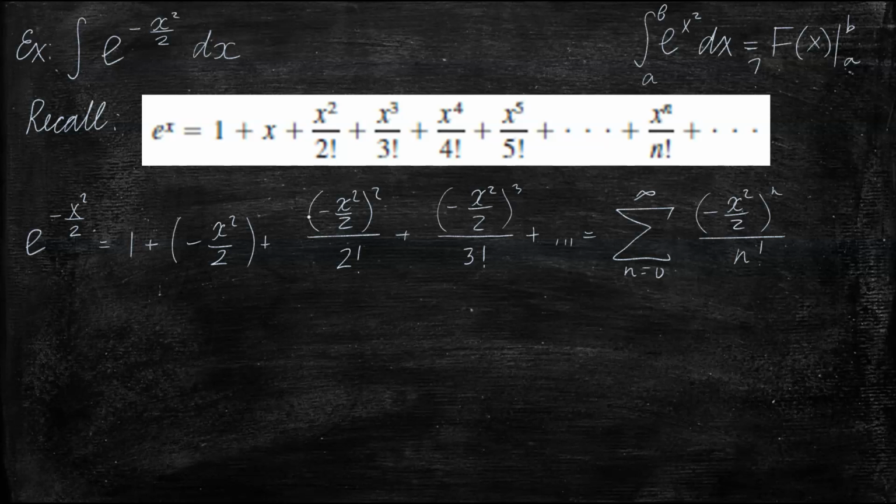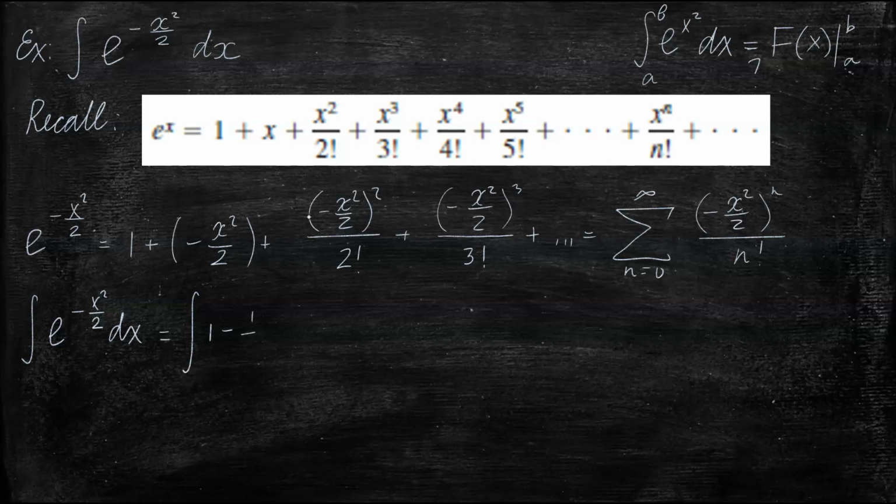And while it is impossible for us to find the antiderivative of the original function, it is possible for us to integrate this function's power series representation term by term. So to do that, we're just going to simplify it first.